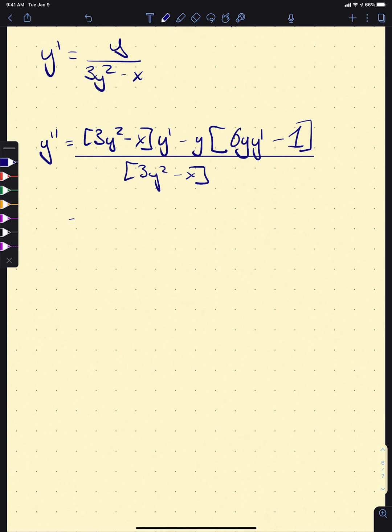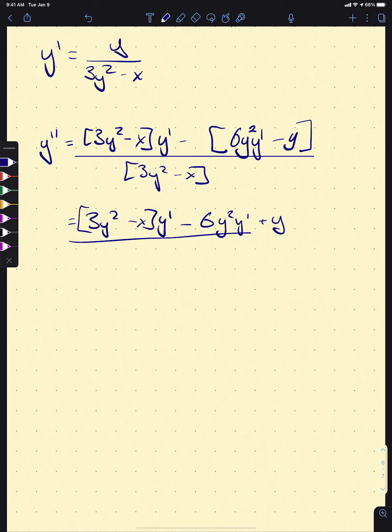And now we want to start to simplify, right? We can actually distribute in this y and give us something like this. And then let's rewrite that with 3y squared minus x times y prime minus 6y squared y prime plus y, all over 3y squared minus x, and that should be squared, right?